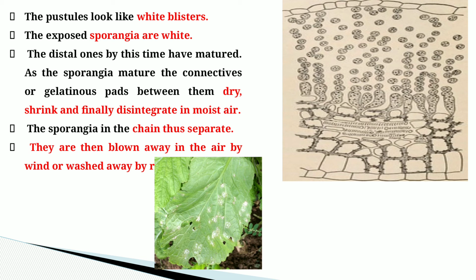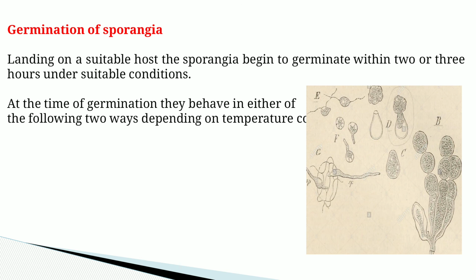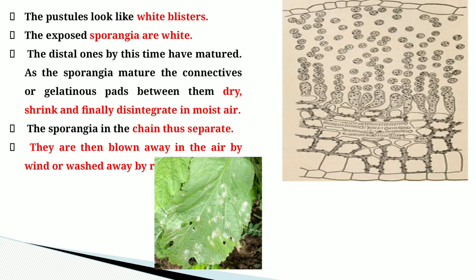The sporangia in the chain thus separate. They are then blown away in the air by wind or washed away by rainwater. This is how sporangia are dispersed from the infected leaf.